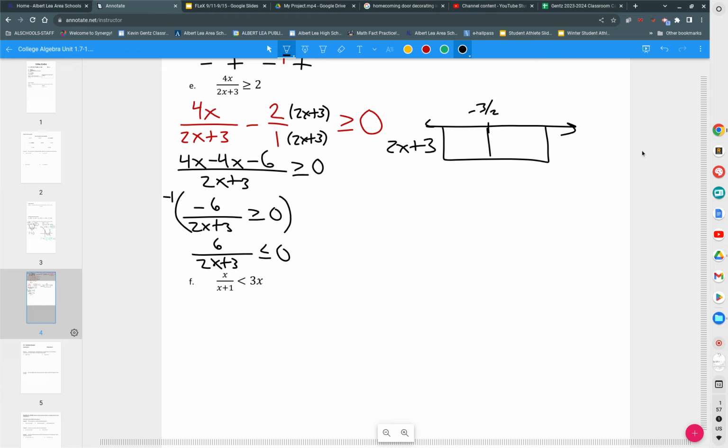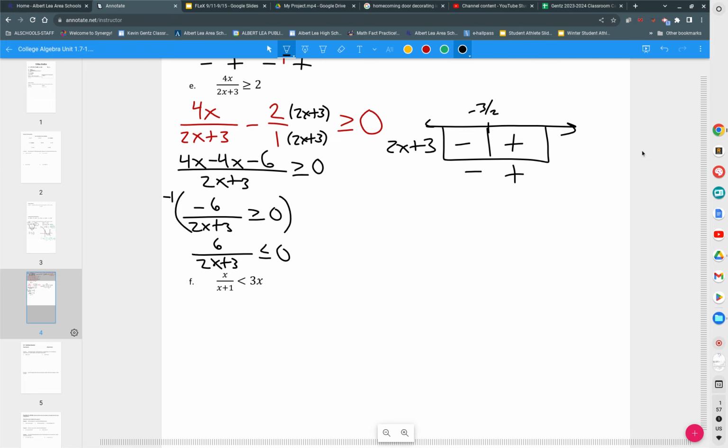And I test. What's the number to the left? Negative 2. Sure. 2 times negative 2 is negative 4. Plus 3 will give me a negative. And I'm going to use Axel's advice. I like to plug in 0 when I can. I do 0 plus 3, which is a positive. Notice this gives me a very nice output. I just have negative and positive. Am I wondering where it's negative or where it's positive?